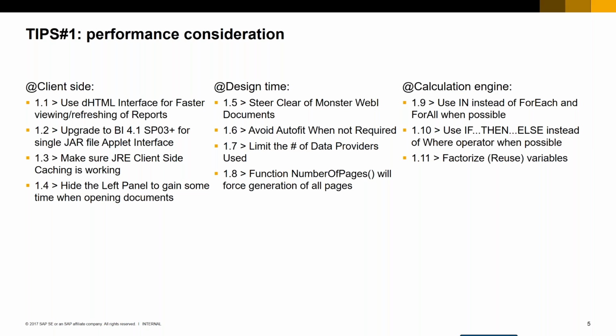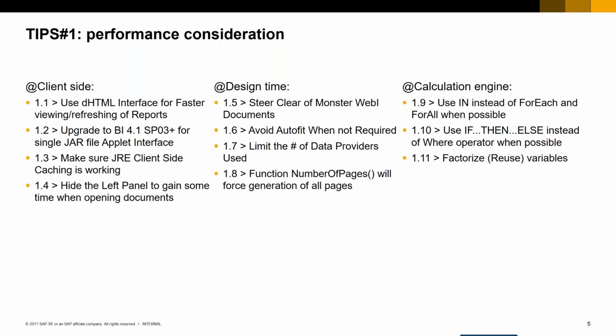What you can do at design time: avoid autofit. When you build a table, please, for every column of this table, avoid the autofit width and autofit height. Avoid the autofit, because this will have an immediate impact on the calculation of the different pages.